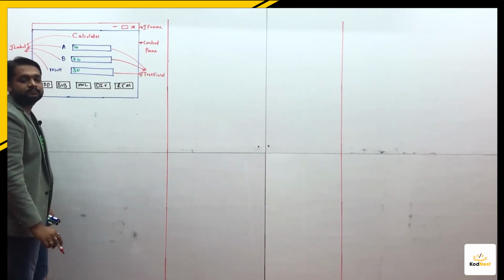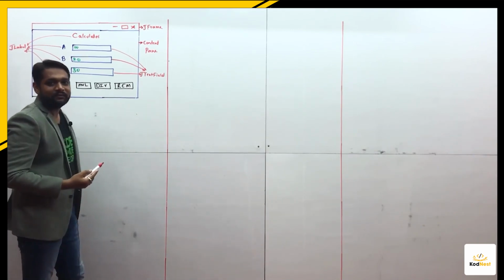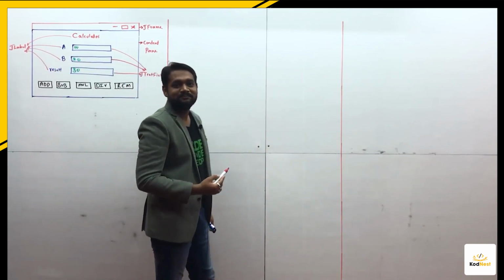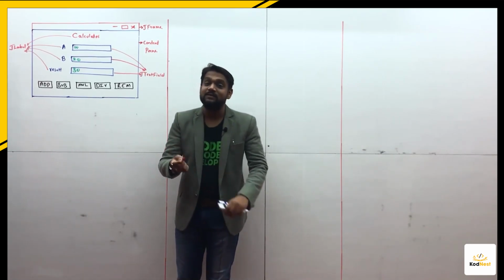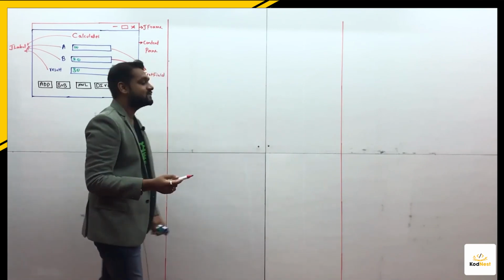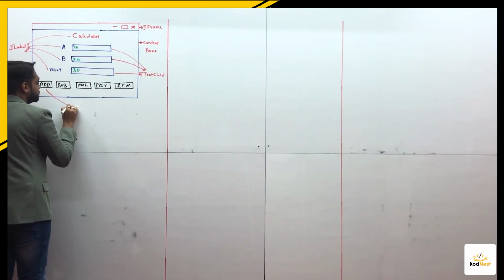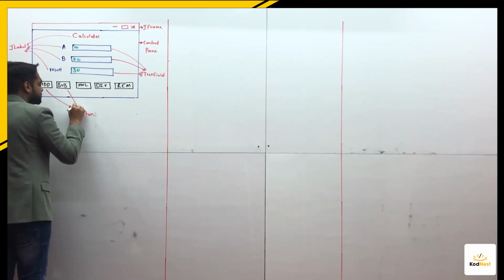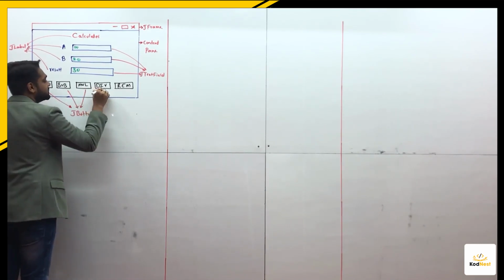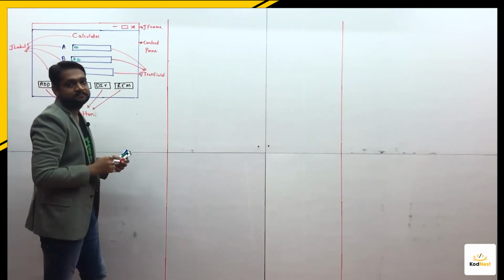Okay sir, what are these? Can't you tell now after listening to all this? Correct, not simple buttons, they are JButtons, Java buttons. So all these are JButtons.